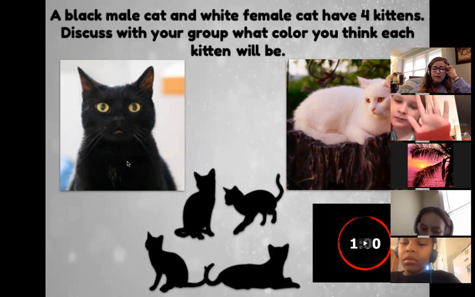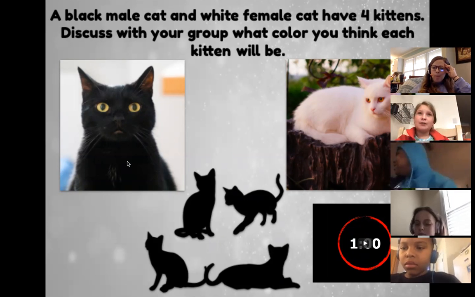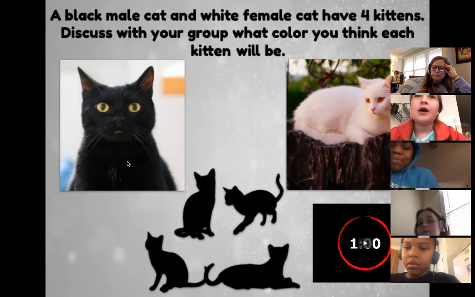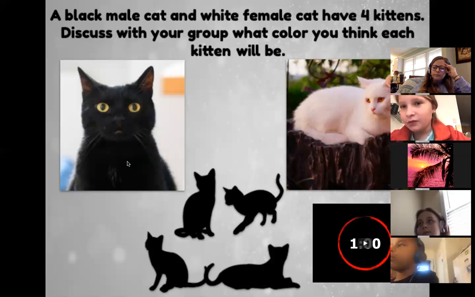All right. Nellie, what are you thinking? I think half of them, like 2 of them, are going to be gray. And the other 2, one of them is going to be black with white spots, and one of them is going to be white with black spots. Okay. And why do you think that?